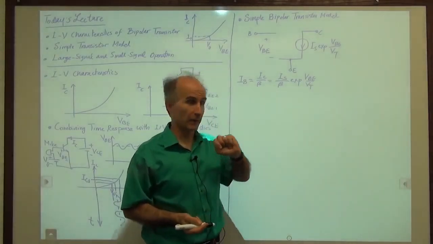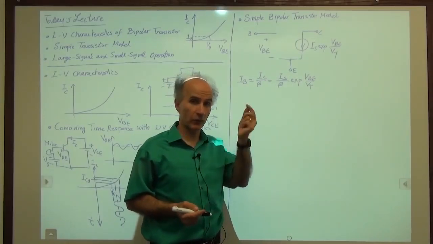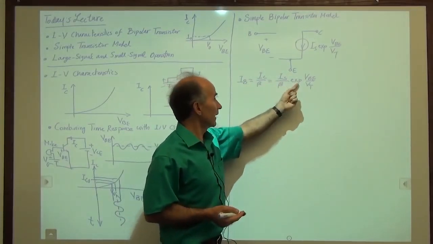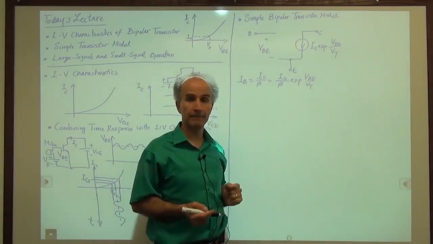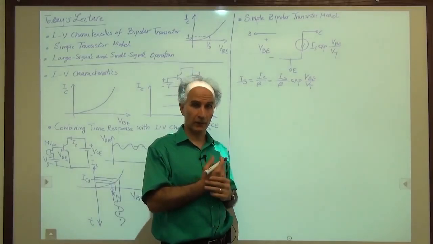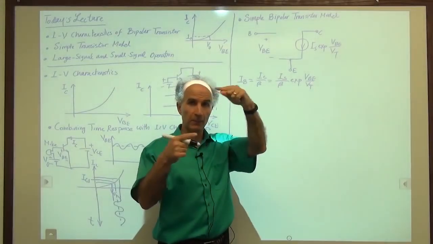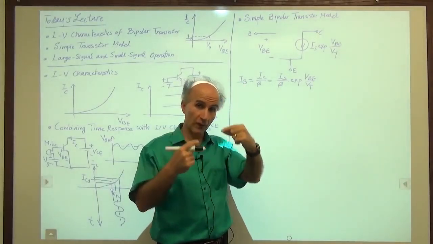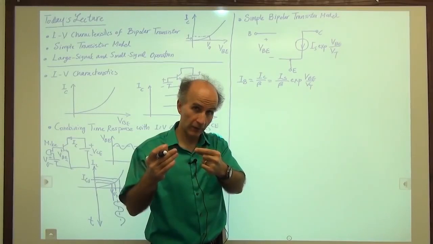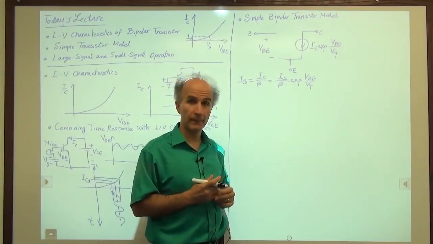It's a two-terminal device. One terminal here, one terminal here. And its job is to draw a current equal to IS over beta times exp of VBE over VT. Do we know any device that has this type of characteristic? It's a two-terminal device. When it sees VBE across it, it draws a current equal to the exponential of VBE over VT multiplied by IS over beta.